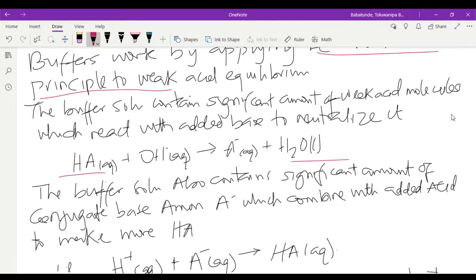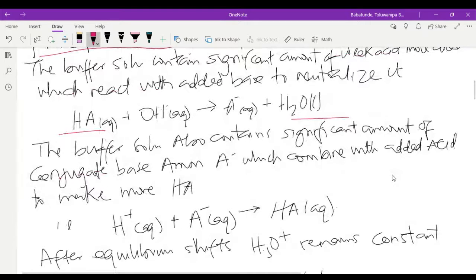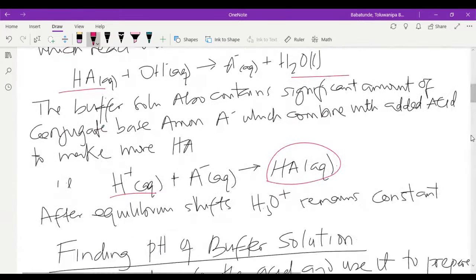The buffer solution also contains a significant amount of conjugate base anion, which combines with added acid to make more HA. So after equilibrium, the reaction shifts and the hydronium ion concentration remains constant. That is the principle of an acidic buffer.